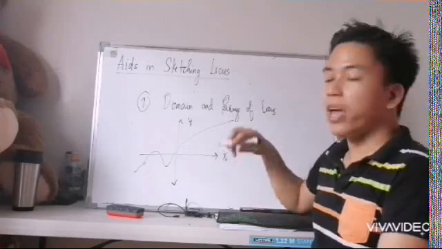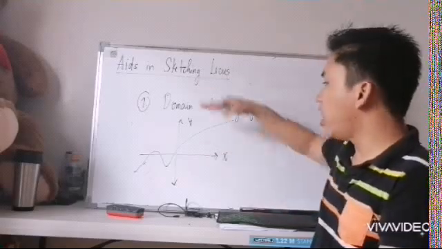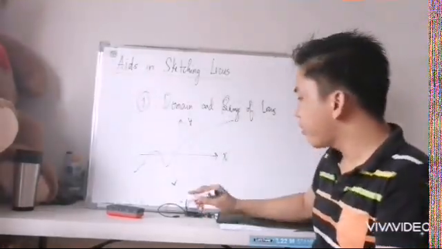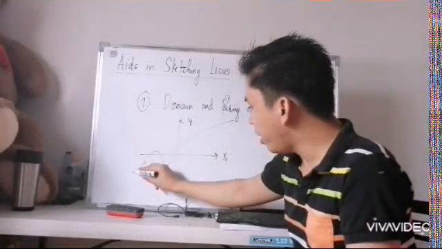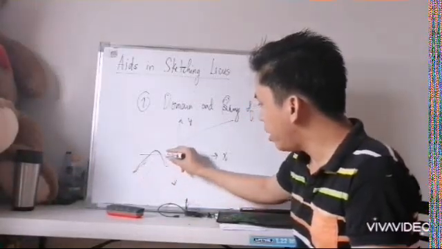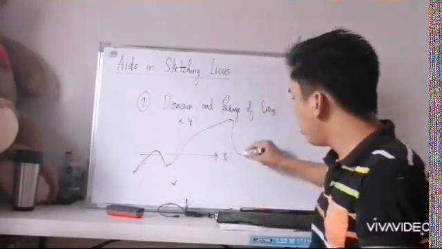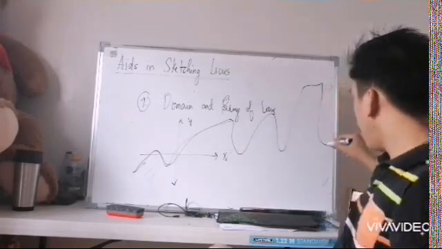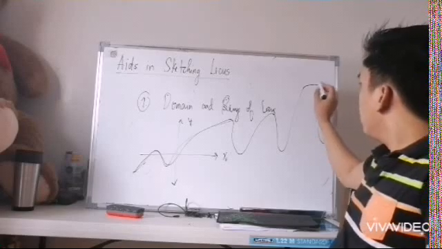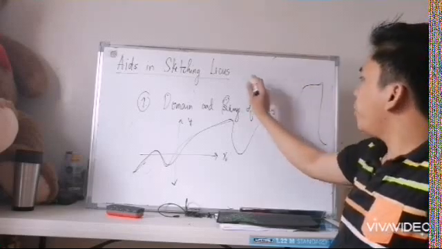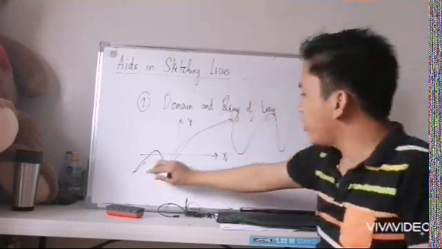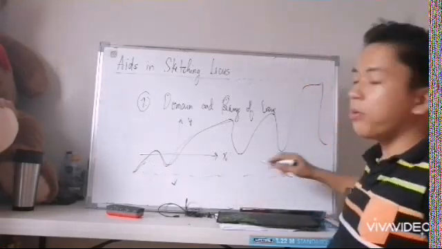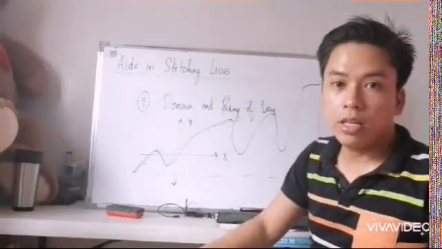Now, range on the other hand will tell you with respect to the vertical axis. So if the range goes from here to here, then this is the highest peak which the range can get, and this is the lowest which the range can get.